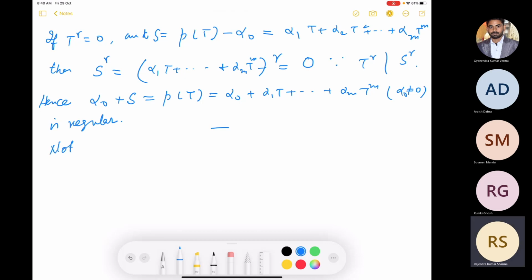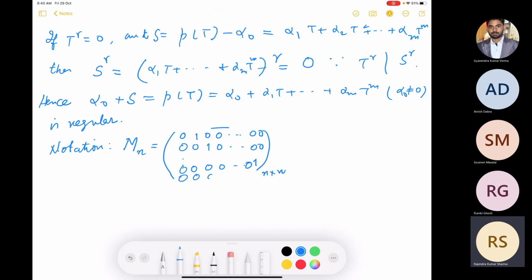So we shall use this notation for a particular form of the matrix. Say M_n denotes the n by n matrix of the form 0, 1, 0, 0 in the first row, then 0, 0, 1, 0, 0 in the second row, like that, and the last but one row 0, 0, 0, 0 and 1.